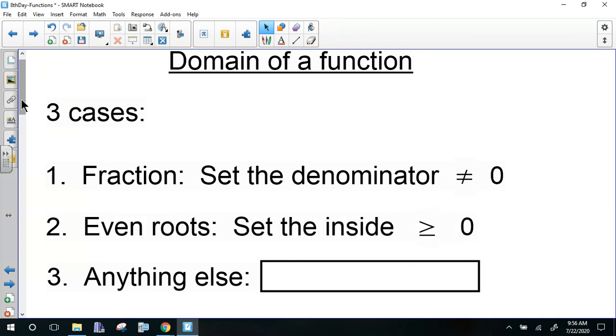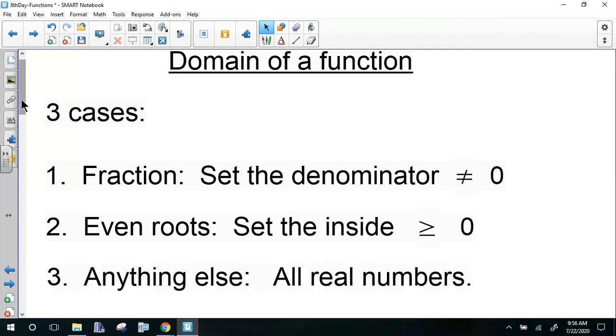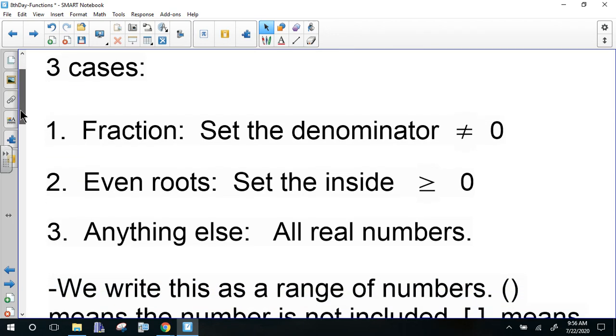We want to make sure we set the inside greater than or equal to 0. Those are the two most important. Anything else, the domain is all real numbers. So we only have two that become a problem that we have to do a little math with. And we're going to look at some examples.